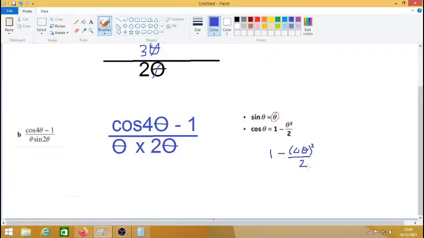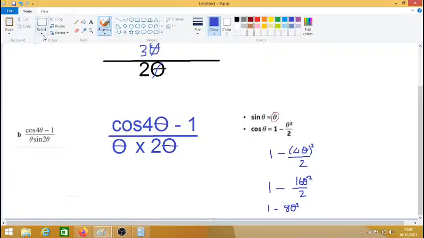If you remember from the work you did in binomial expansions, that square applies to both the 4 and the theta. So that'll be 16 theta squared at the top. So I'll have 1 minus 16 theta squared at the top, all over 2. 16 over 2 is 8, so it'll really just become 1 minus 8 theta squared.